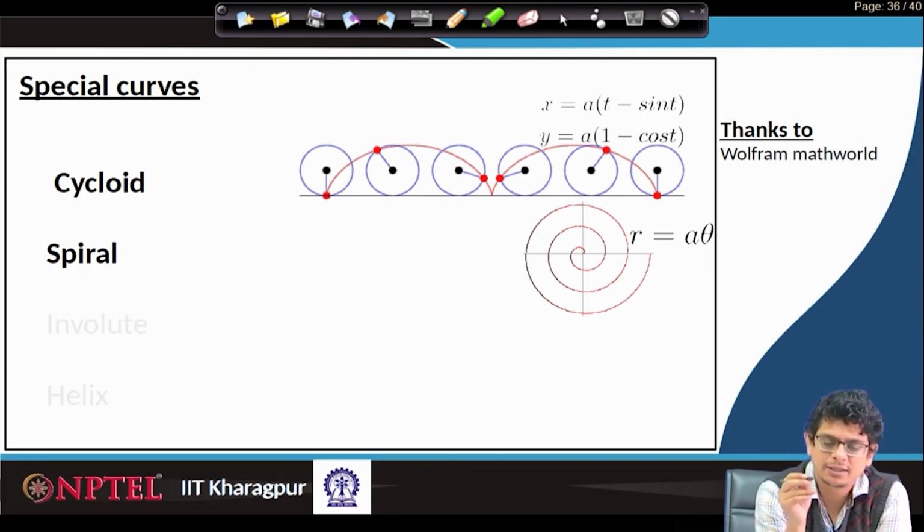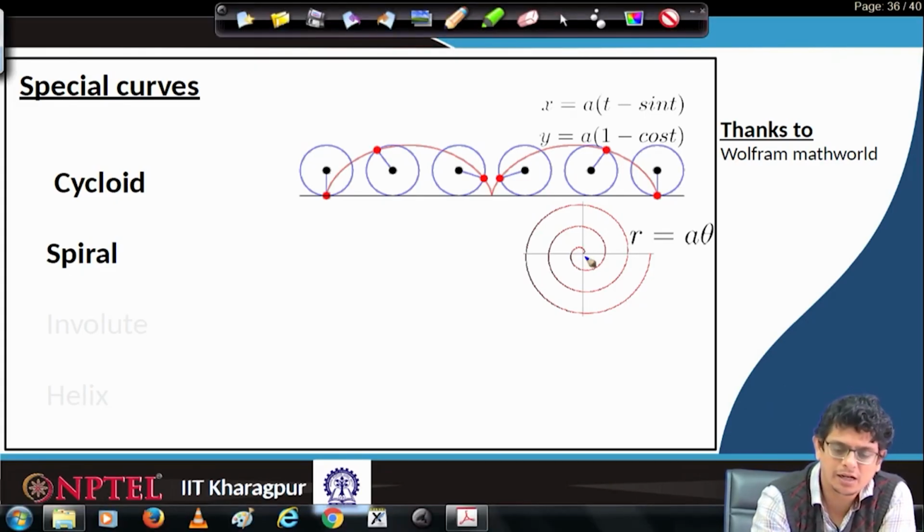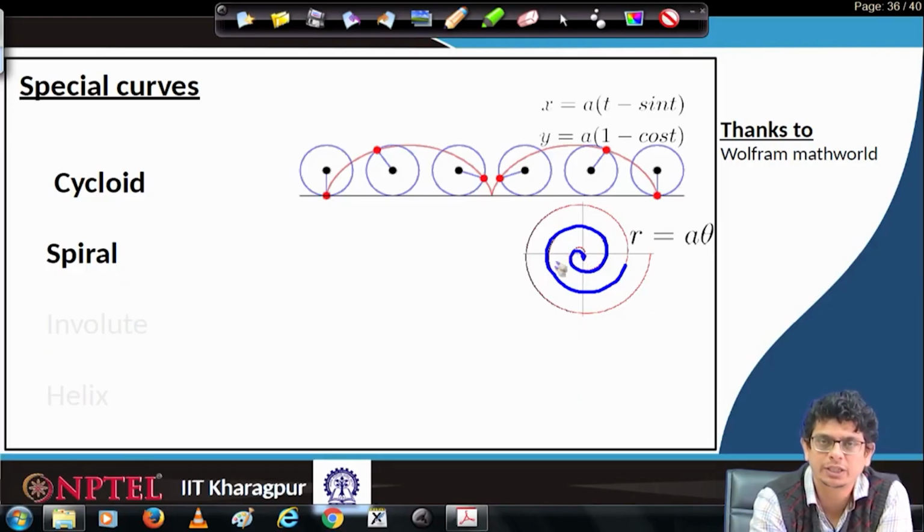Spirals. They begin somewhere at the center. Archimedean spirals are quite popular in that sense. As the angle increases, the radius also increases. As I begin from 0 degrees and increase to 10, 20, 30 and so on up to 360 degrees, the radius gradually increases. The radius can increase or decrease based on how we move along the curve.